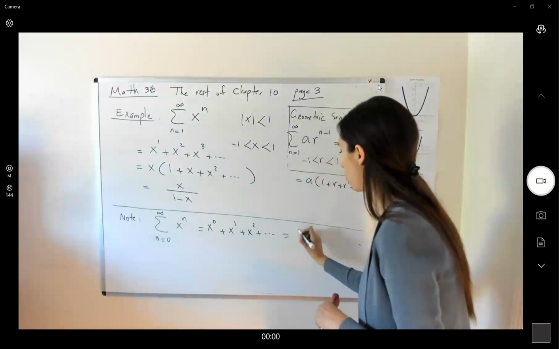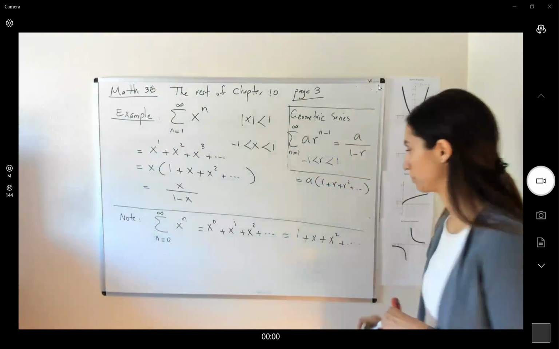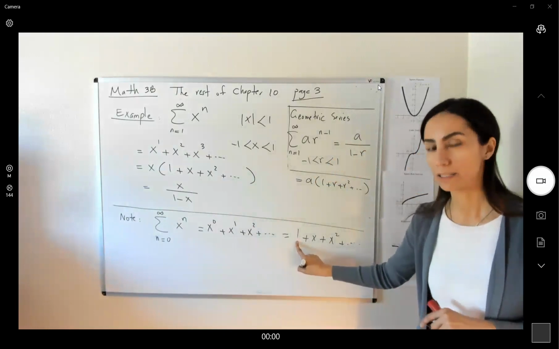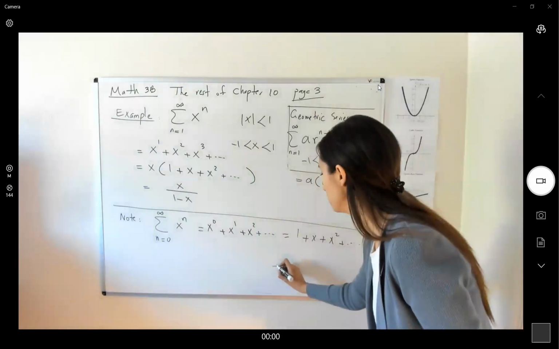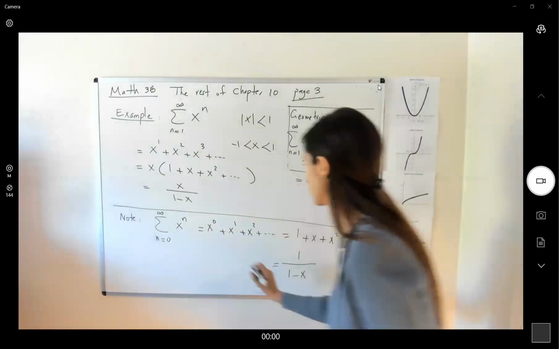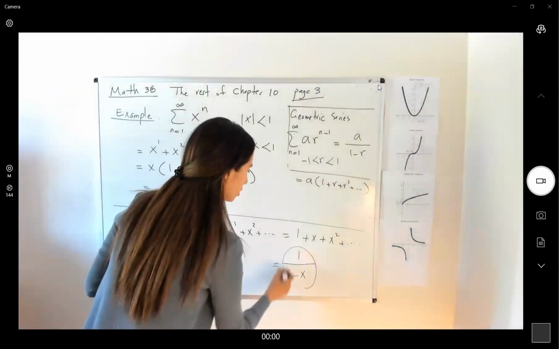This is just 1 plus x plus x squared, plus the rest of them. Your a, your very first term, is not x. It's going to be 1. So the sum is equal to 1 divided by 1 minus x. And note that absolute value of x must be less than 1.